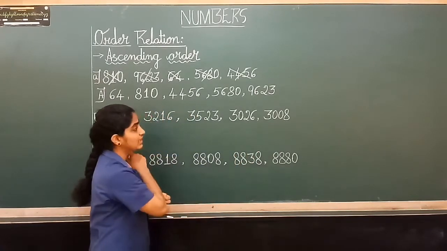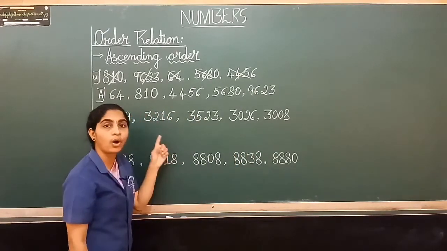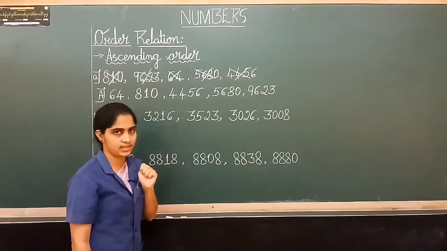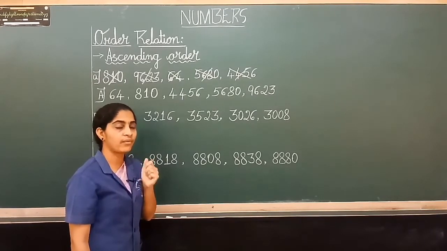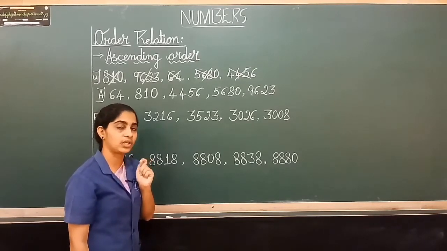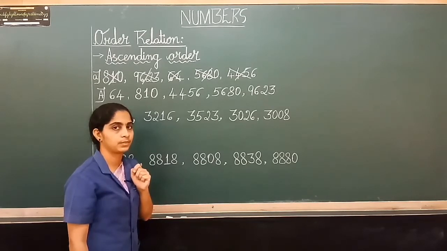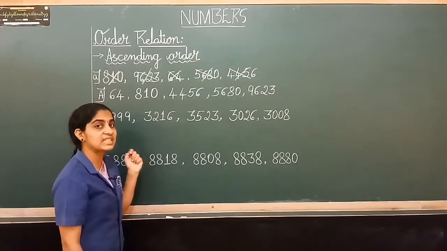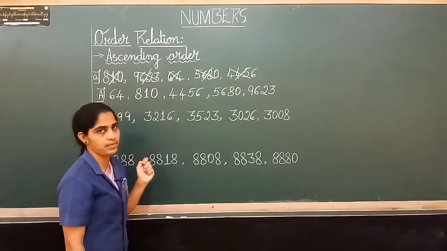If you observe these numbers, all the numbers are 4-digit numbers, right? So what we have to do? How we can identify the smaller number? Yes, we have to see the first digit of each number.